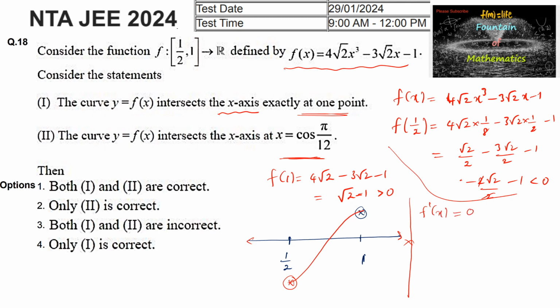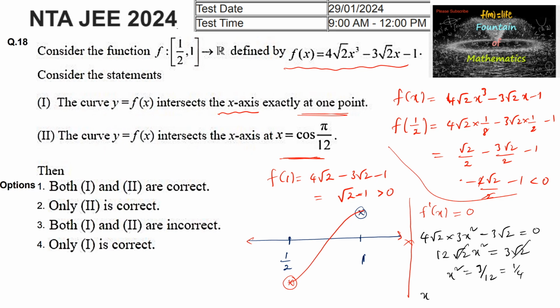So we get 4√2 × 3x² − 3√2 = 0, so 12√2 x² = 3√2. So x² = 3/12, which is 1/4.